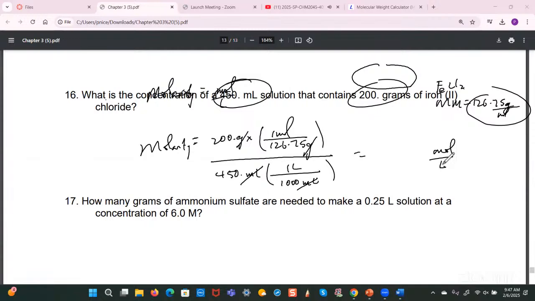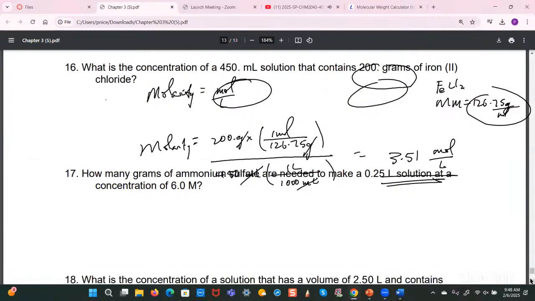According to my calculations, the answer, rounded off to 3 sig figs, is 3.51 moles per liter. All right? Okay, any questions about that one? Any questions? All right, okay.